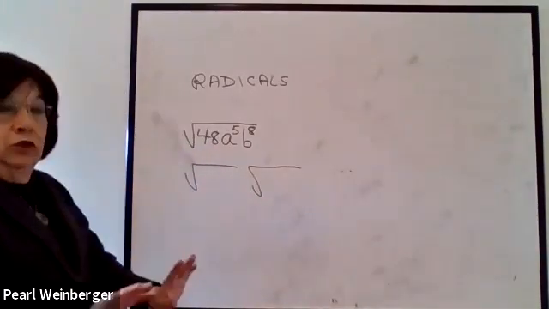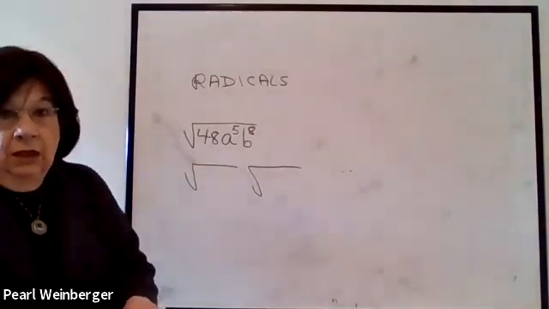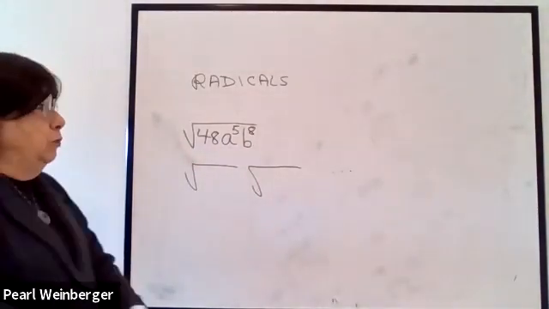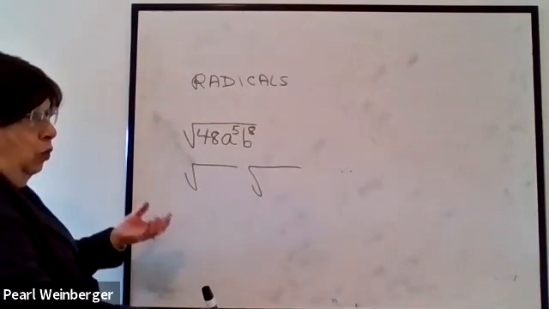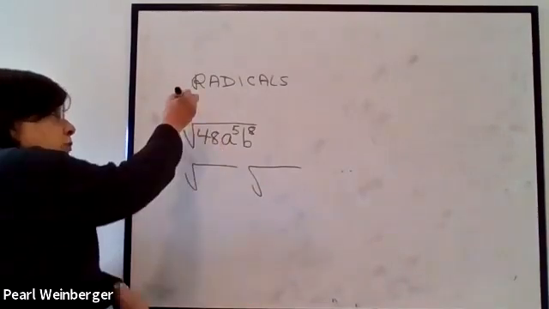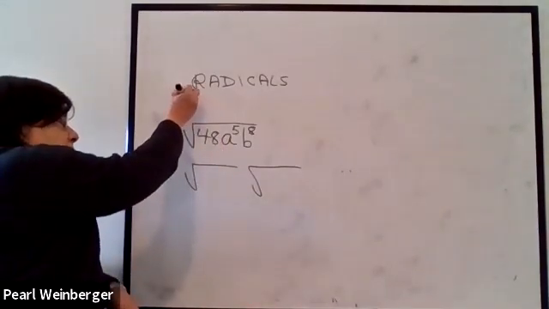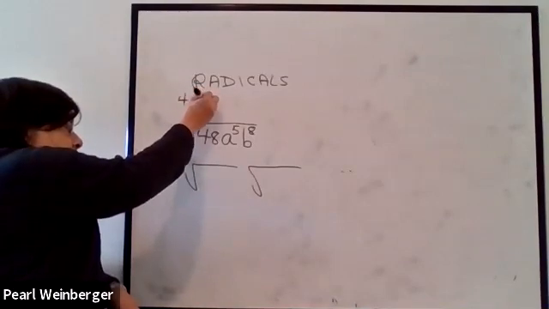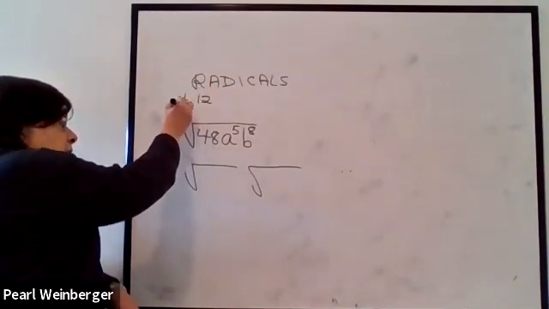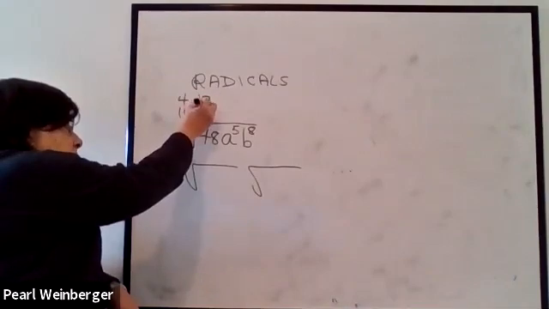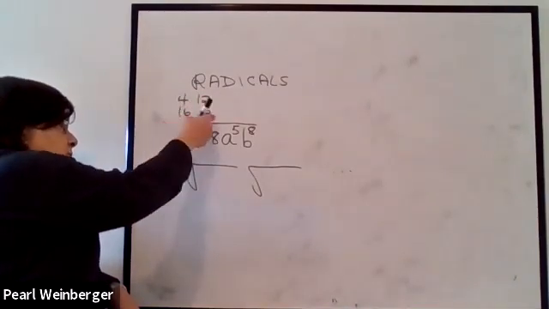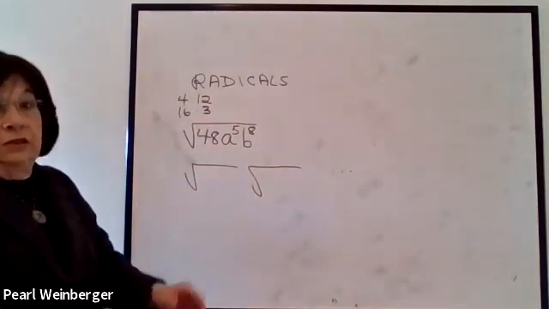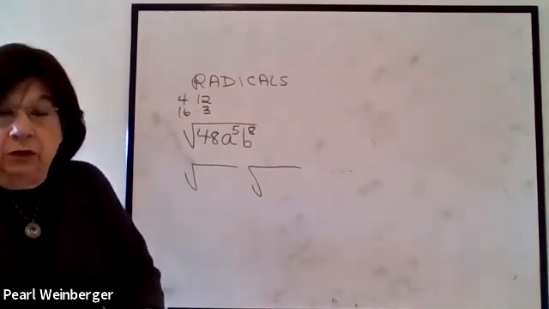So the first thing is I look at the number, the 48. Now, there actually are a couple of ways to break up 48 so that one of the numbers is a perfect square. 48 could be either 4 times 12, 4 is a perfect square. It could also be 16 times 3, because 16 times 3 is 48, and 16 is a perfect square because it's 4 times 4.